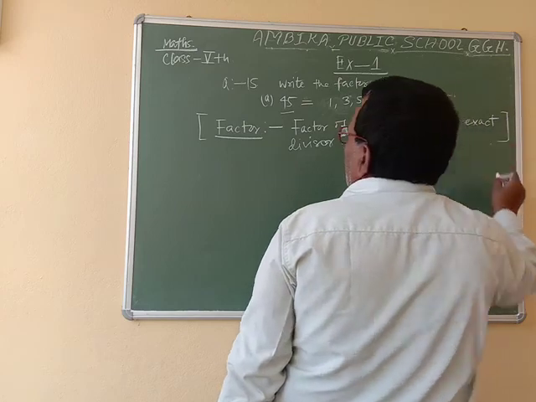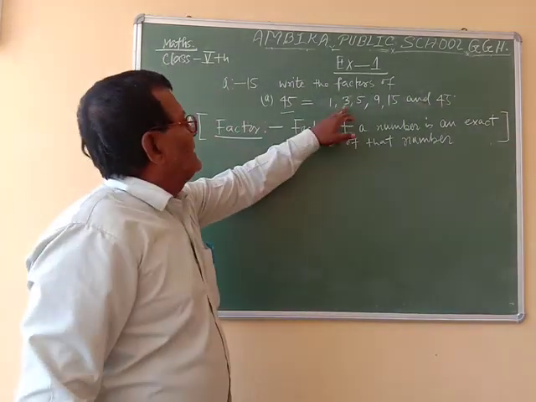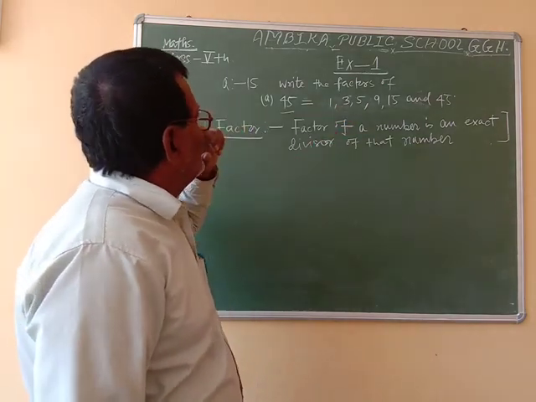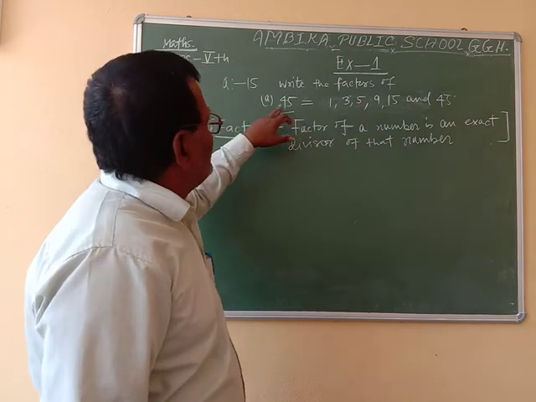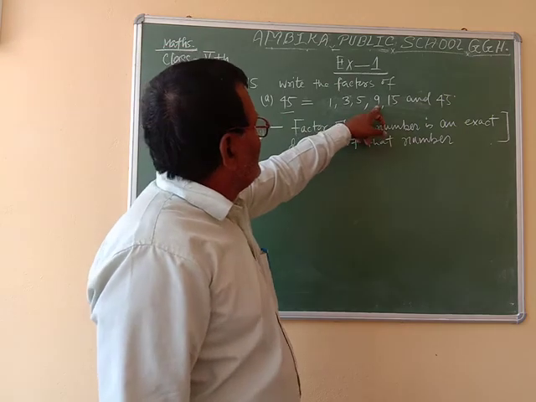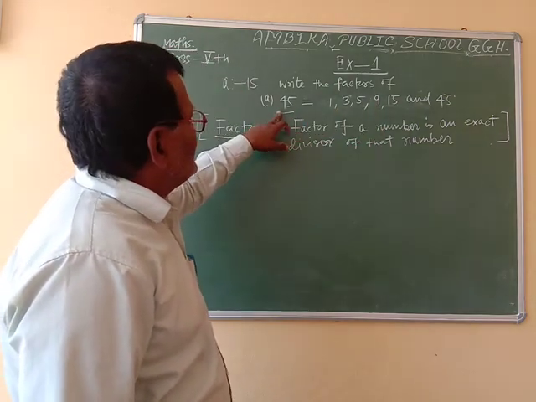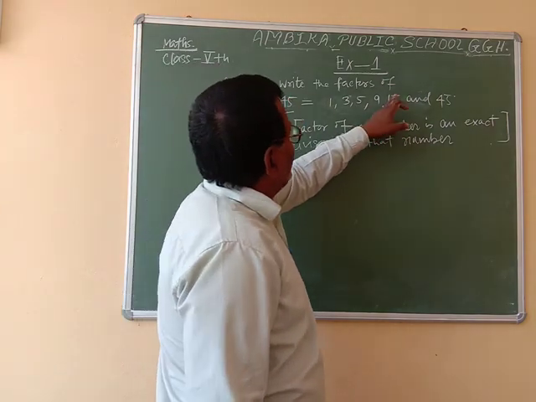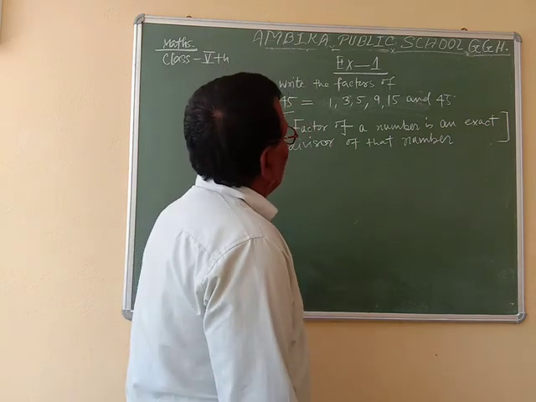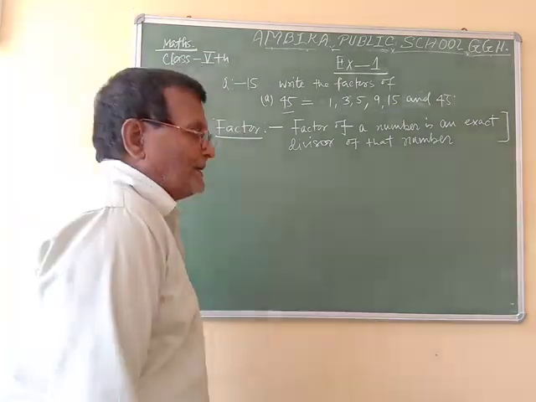Here, if we divide 45 by 3, its remainder is 0. If we divide 45 by 5, remainder will be 0. If we divide 45 by 9, it is also divisible. If we divide 45 by 15, we get remainder 0. And if we divide 45 by 45, we get remainder 0.